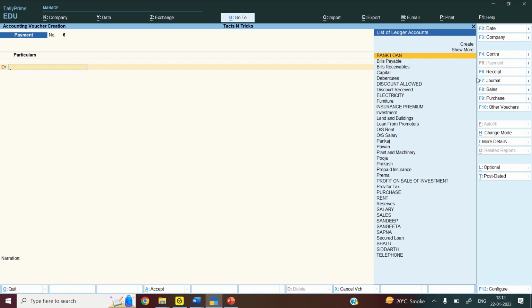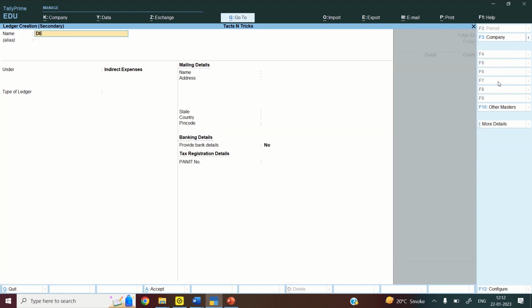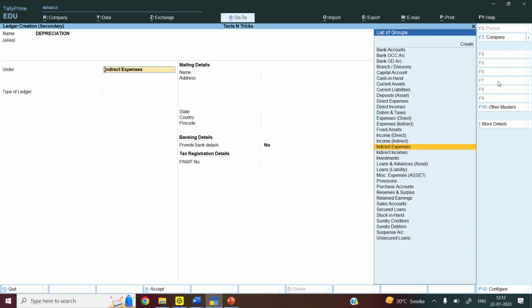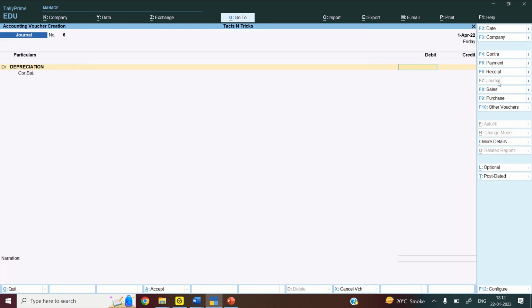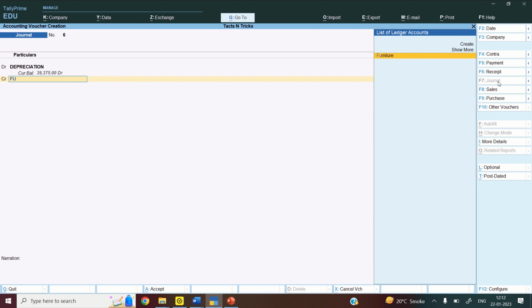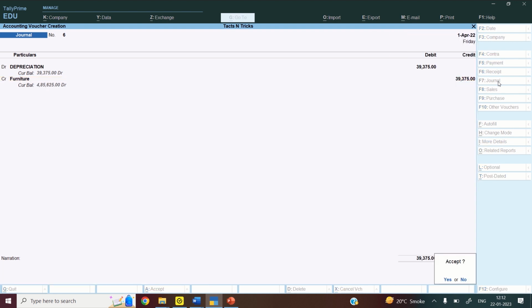So let us do this journal entry in journal voucher. Now I have to create the depreciation ledger. So Alt plus C, depreciation ledger, under the group indirect expenses, Control plus A, depreciation 39,375 on furniture, right?